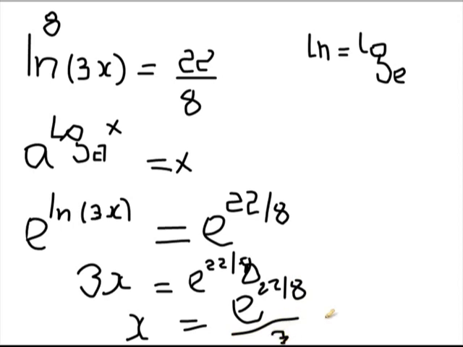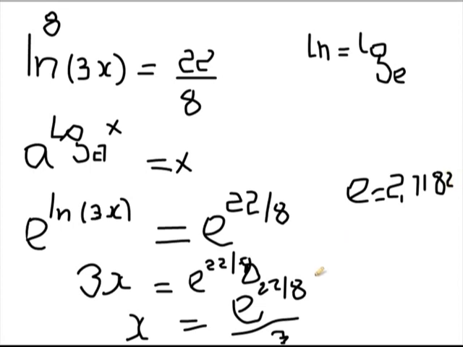Remember, that's the final result. But if you want this in a decimal value, you're just gonna take e, which is approximately 2.7182. Okay, that's the approximate value of e.